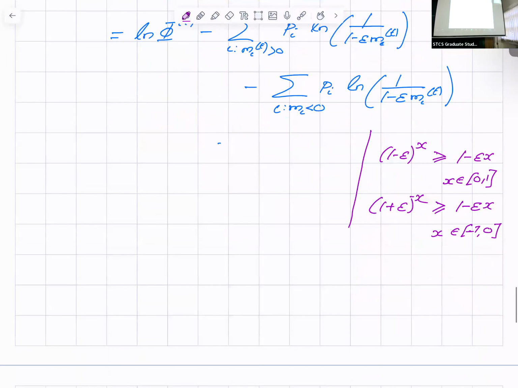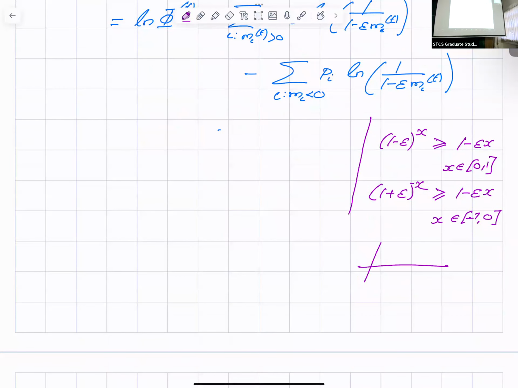So how does the curve of a power x look when a is between 0 and 1? Certainly at x equals 0, it is 1. And after that, how does it go? It goes this way, and this curve is sitting above like this.